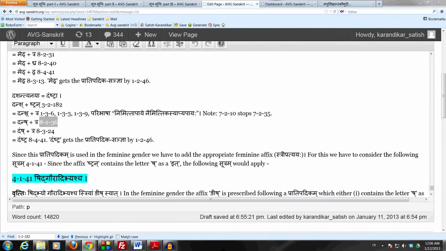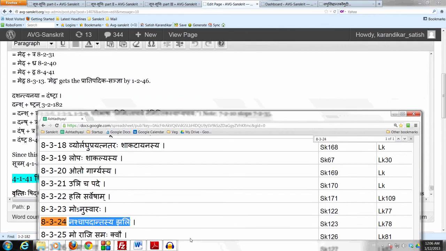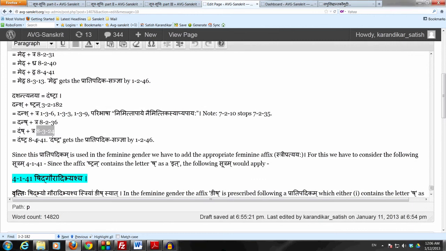So the talavya shakara takes the murdhanya shakara adesha by 8 2 36. And then we bring in the anusvara adesha in place of the nakara by naschavadantasya jhali. And after this we put the takara adesha in place of the takara of the pratyaya by shtunashtuh. So we get damshtra, which gets the pratipadika sanjna by krit taddhita samasascha.